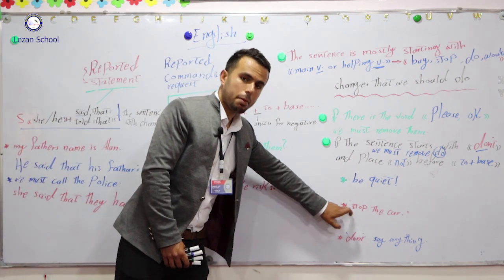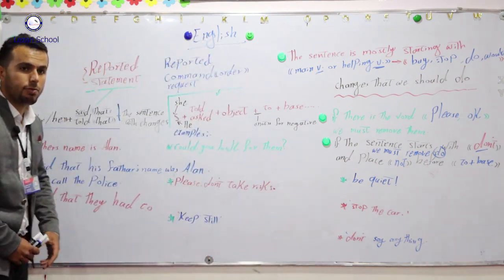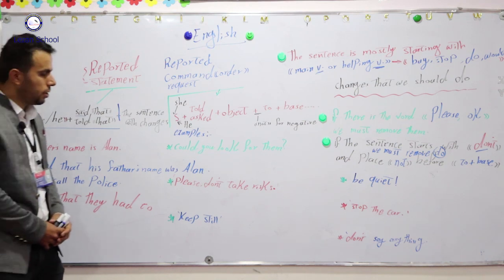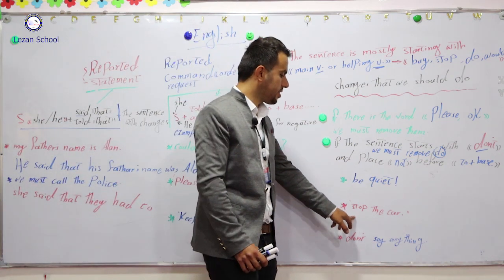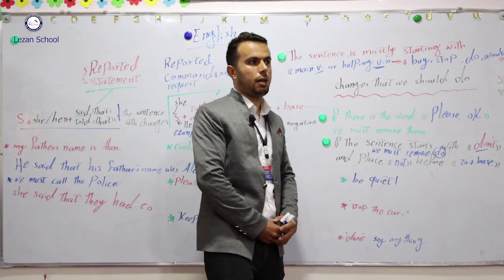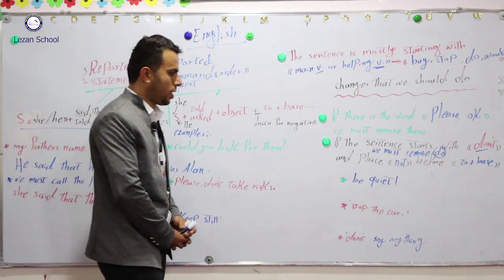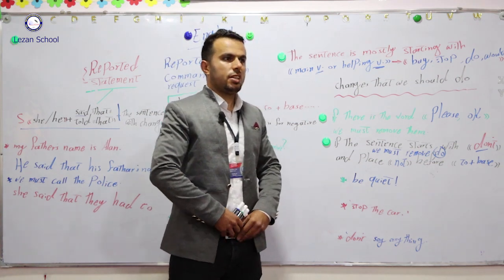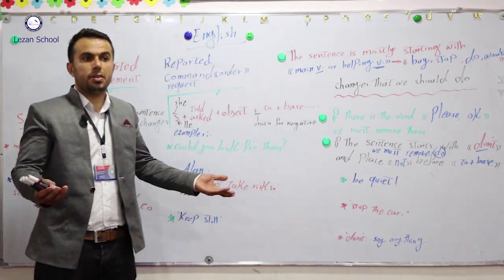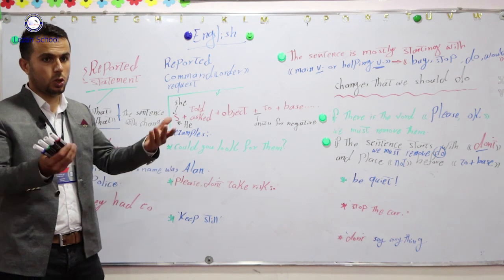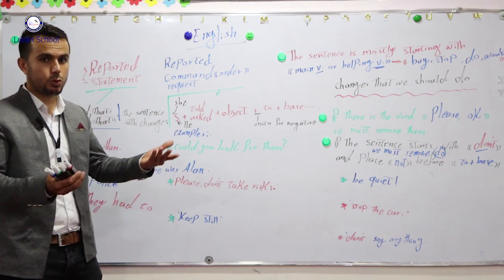There is a main verb at the beginning of the sentence. May you drive your car very fast, and the traffic police tell you to stop the car. It's an order, a command. You have to do it.